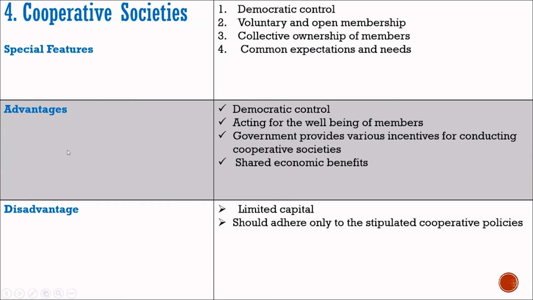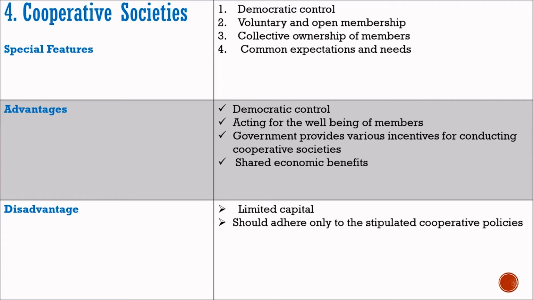Next, it is the cooperative societies. These you have learnt in your grade 9 civics as well. The basic features of them are it is a democratically controlled, voluntarily owned, and open membership institution where the collective ownership of the cooperative society is on its members, and they have a common set of expectations and needs.